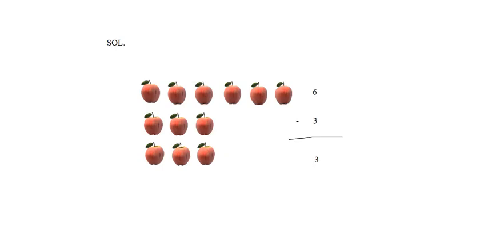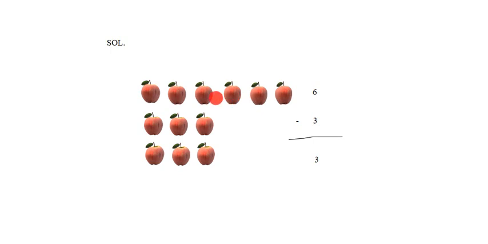So let's solve this story. What is the answer? Della has 6 apples in front of her. So 1, 2, 3, 4, 5, 6. 6 apples. And she eats 3 apples. Okay, 1, 2, 3. These 3 apples are taken out.